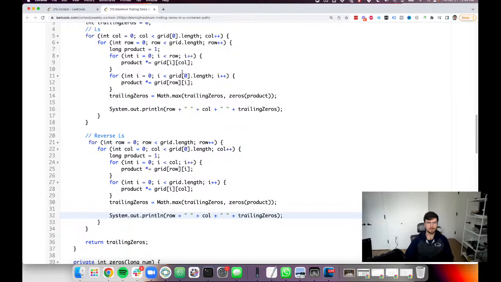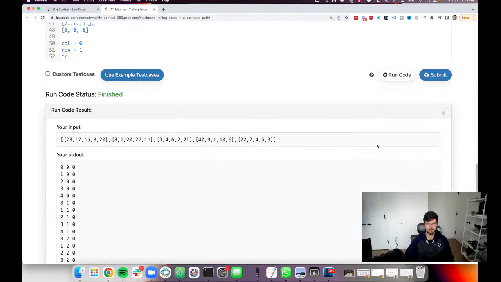That's weird. The product should never be 0 unless we're, or, oh no, that's why it should be product, not trailing zeros. Okay, so let's just consider this for a second. If this first one, we're doing the L's, right?